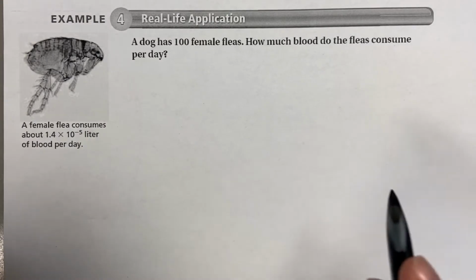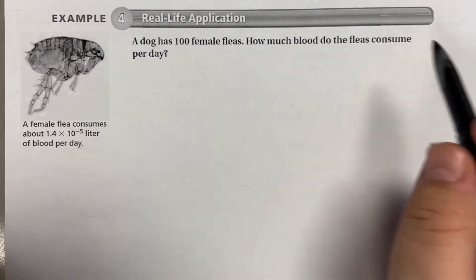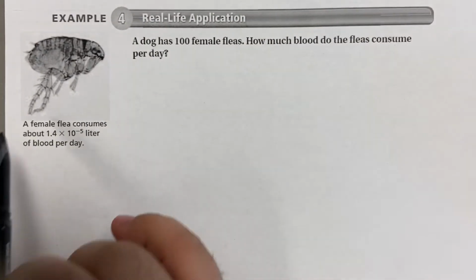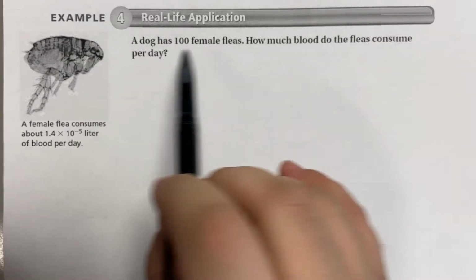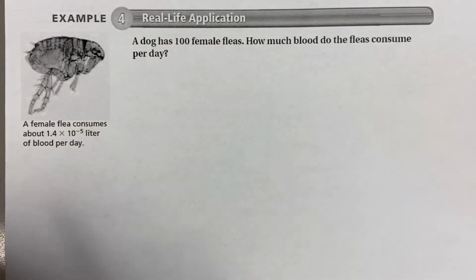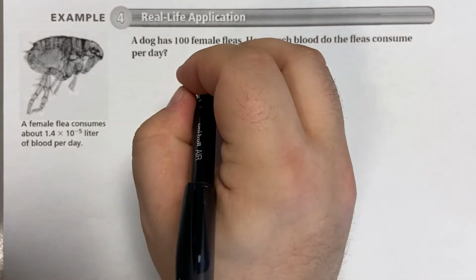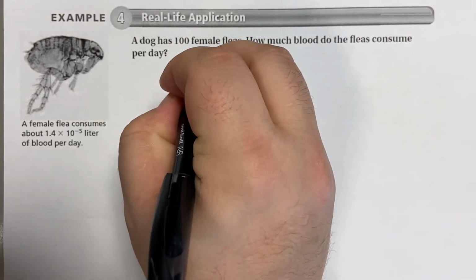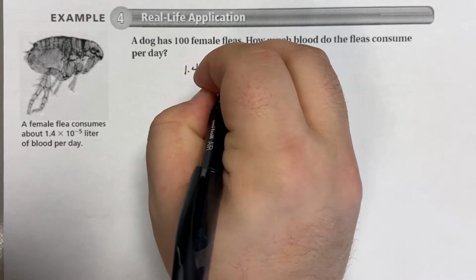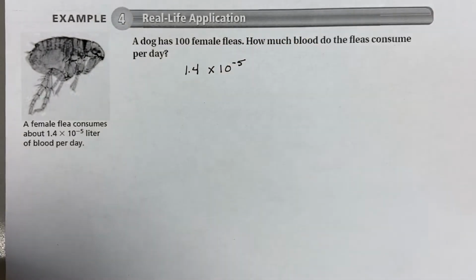With that said, let's figure out how much blood per day 100 female fleas are actually going to consume. So we know that 1.4 times 10 to the negative fifth is how much blood a female flea will consume in one day.